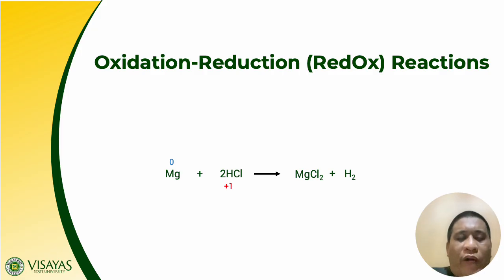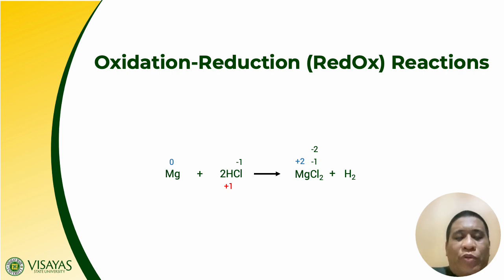And then for hydrogen, for hydrochloric acid, we know that it's always positive 1, therefore the chloride is negative 1. And then for magnesium chloride, we know that chlorides would be negative 1. There are 2 chlorides in the formula, so it will be negative 2. Therefore, magnesium is plus 2.